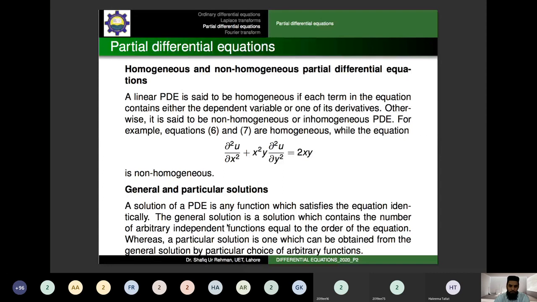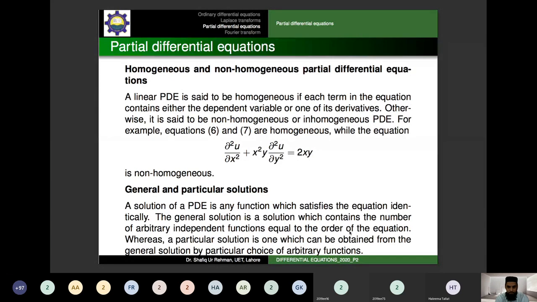The general solution is a solution which contains a number of arbitrary independent functions equal to the order of the equation. So remember, pretty much the same idea. Over there, in the case of an ordinary differential equation, we talk about the number of arbitrary constants. Over here, we are going to talk about the number of arbitrary independent functions.